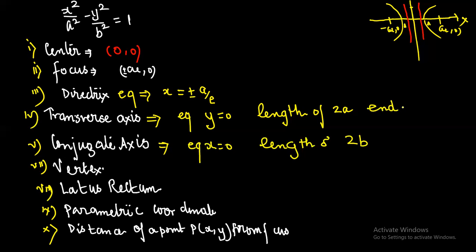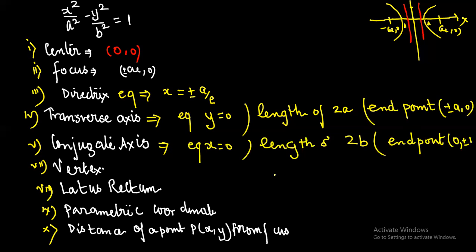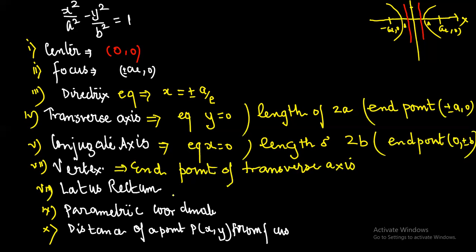The end points are (±a, 0), and the end points of the conjugate axis can be written as (0, ±b). The vertex is the end point of the transverse axis, that is (±a, 0).